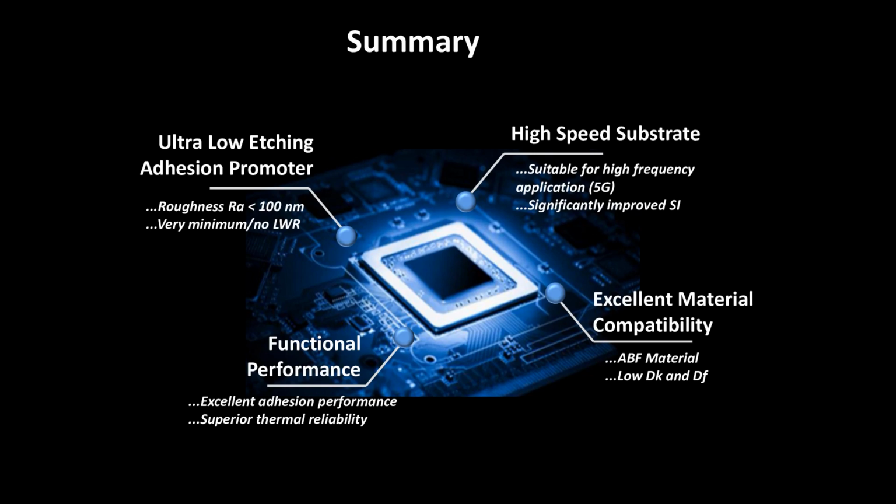And the material compatibility, as I showed before, is very good with different kinds of ABF material. It's targeted at low Dk and low Df material, which is targeted for high frequency or high speed substrate application, of course.